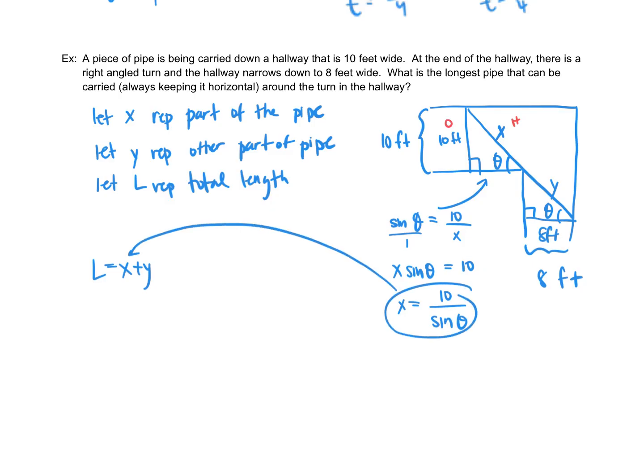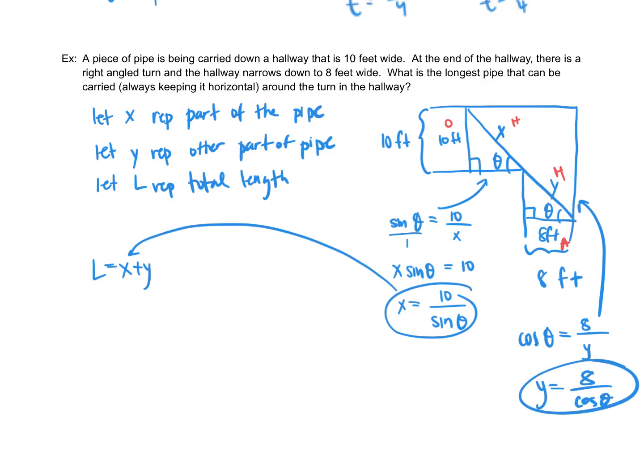Fantastic, that can go in for x. Gonna do the same thing for the other triangle, but this time 8 is adjacent, y is hypotenuse, so it seems like cos theta is the way to go here, and it's equal to 8 over y, and when I cross multiply, I'll end up with 8 over cos theta. That can also go in place.